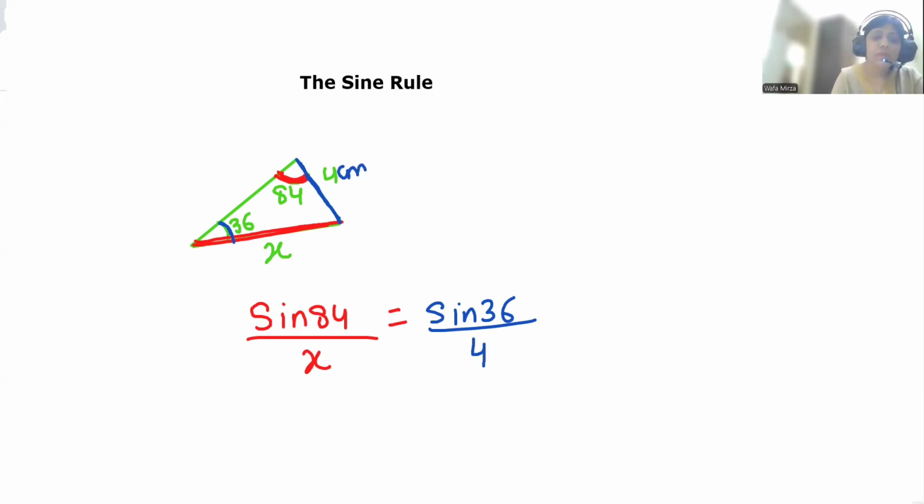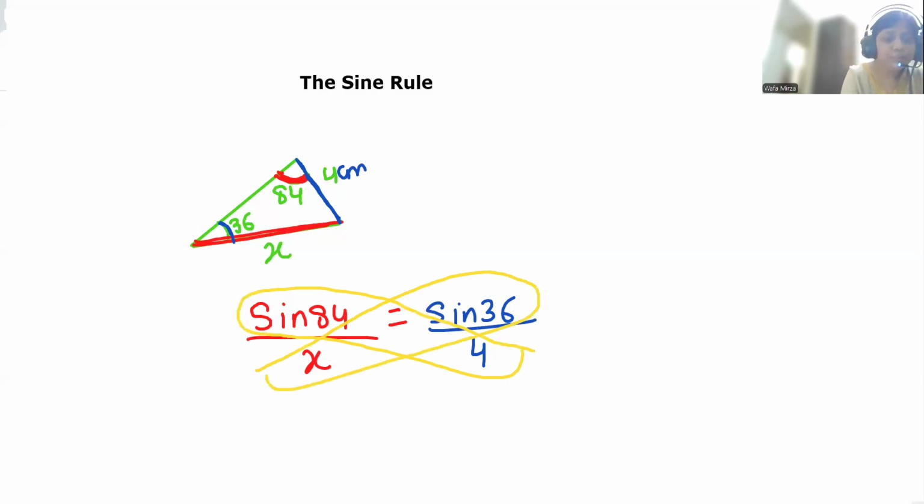Okay. So now I have to do the calculation. I have to find the value of x. So I will just use cross multiplication here. This multiplied by this will be equal to this multiplied by this. So x multiplied by sine 36 will be equal to 4 multiplied by sine 84.